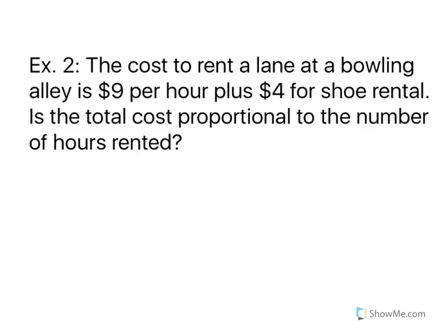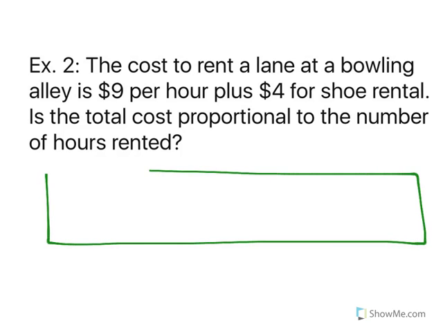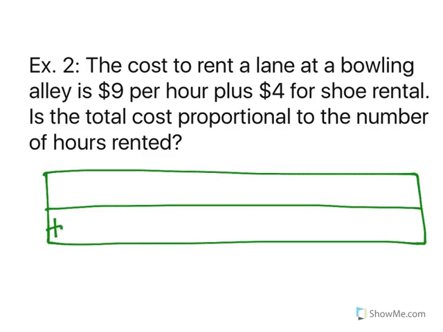Okay, let's do one more example. The cost to rent a lane at the bowling alley is $9 per hour, plus $4 for shoe rental. Is the total cost proportional to the number of hours rented? Again, let's make the chart, with total cost at the bottom and, instead of the CD price, the number of hours.